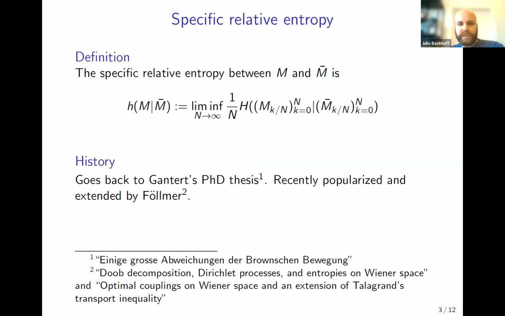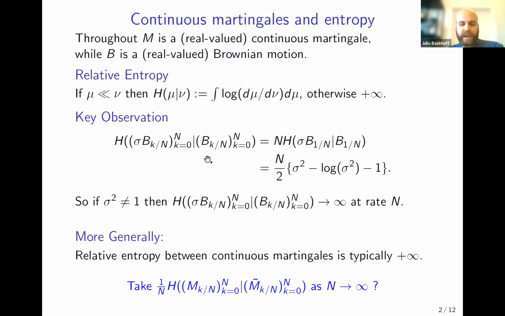So as in the computation for Brownian motion here, I started with the path, this discrete time path, but then I passed to the increments. And you can show that the value does not change. Okay, so that's what I can say.